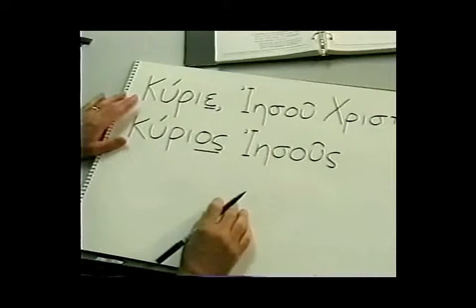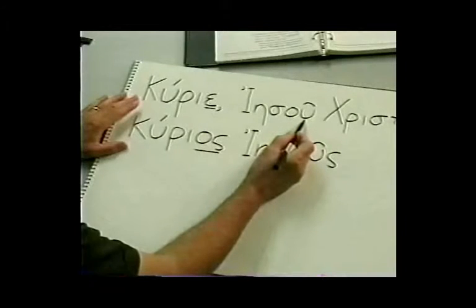Notice again the difference in the ending for this word Jesus. If you remember in some earlier tapes, we learned that there are 3 different cases that use this same ending for the word Jesus. The genitive will use this ending, the dative uses this ending, and the vocative also uses this ending. So how would you know whether you're dealing with the genitive, the dative, or the vocative?